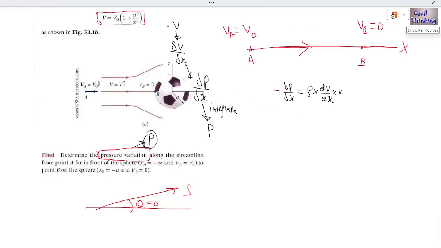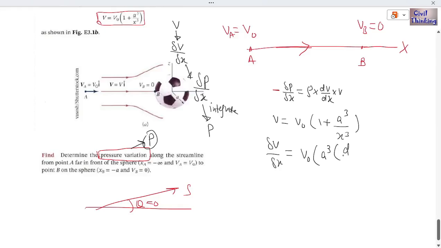Now let's first find v. We have v here. V is V naught times 1 plus a cube by x cube. Now we have to find delta v by delta x. This term, delta v by delta x, is going to be v naught multiplied by, now differentiation of 1 is a constant, so it is 0, and a cube is again constant, so a cube will be outside, then we are going to have differentiation of 1 upon x cube.